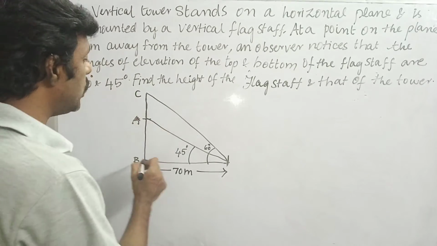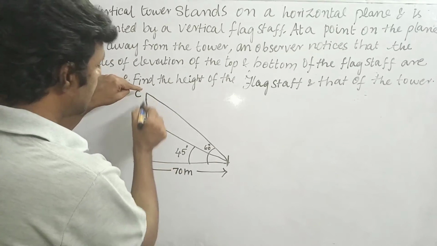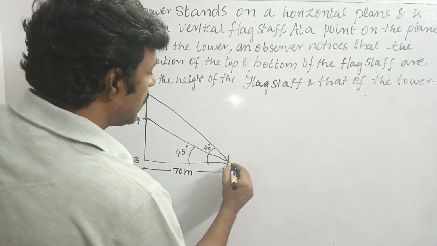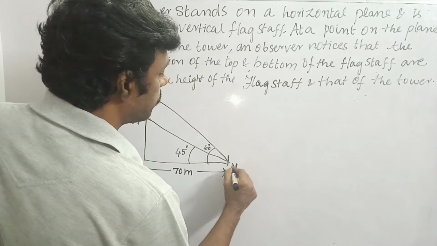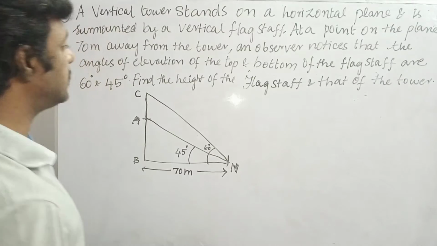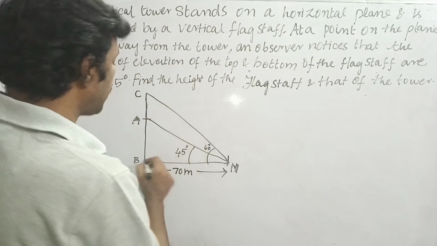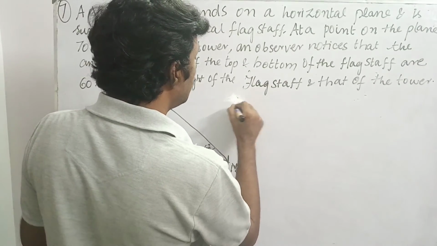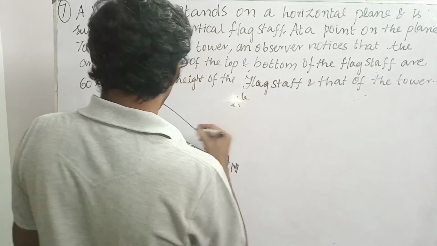So what you need to do is, first thing is, let us consider this main triangle. Let it be M. So let us consider the main triangle CBM.